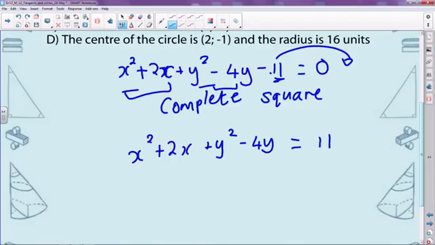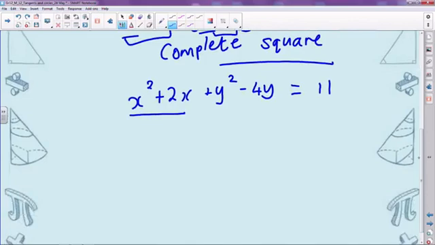Okay. Now we complete the square. So your rules for completing the square that you learned in grade 11, they're still exactly the same. So to complete the square with x squared plus 2x, what do we do? I'm going to say bring down x squared plus 2x. And then I have to say plus a half of the coefficient of the b term squared.